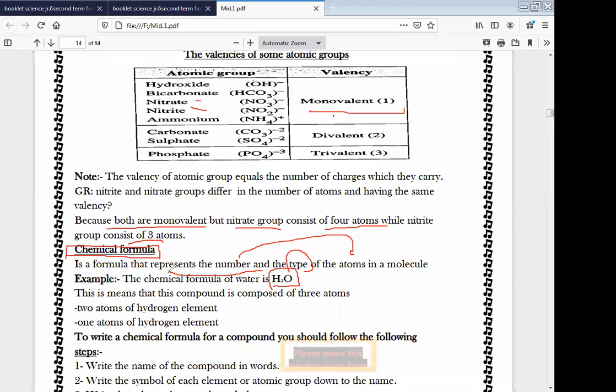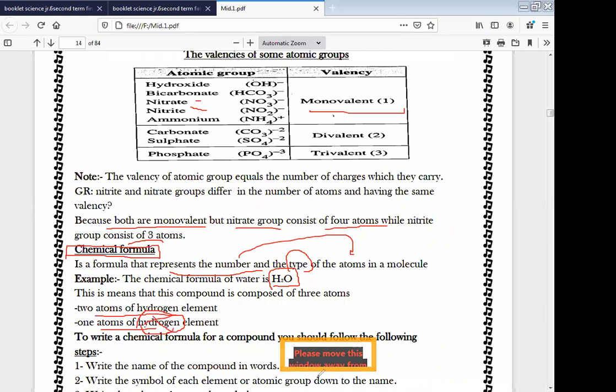Chemical formula is the formula that represents the number and the type of the atom, such as water, H2O. This means that this compound is composed of 3 atoms: 2 atoms of hydrogen and 1 atom of oxygen, okay?